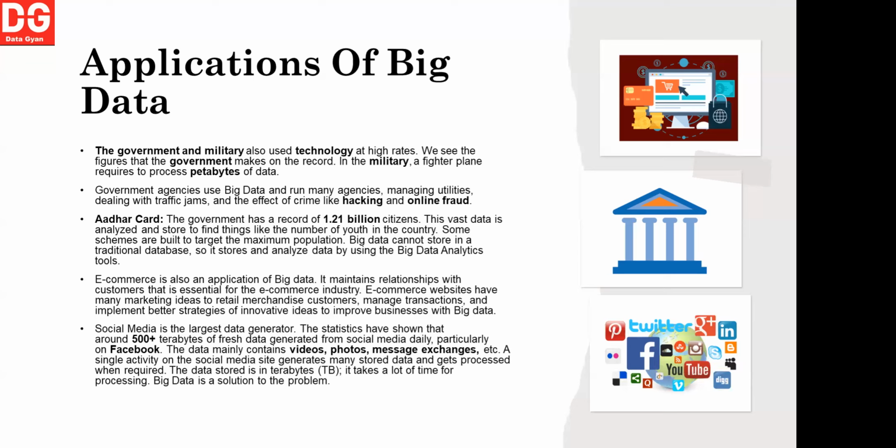Then we have social media. Social media is the largest data generator. We constantly share reels, make videos, take photos, upload photos, and chat on social media. This creates 500 plus terabytes of fresh data daily just from Facebook. And we share reels on Instagram too, which also creates a huge amount of data transferred on a daily basis.